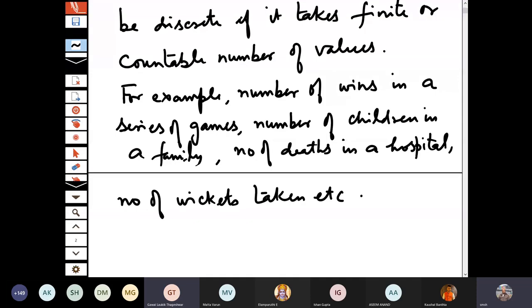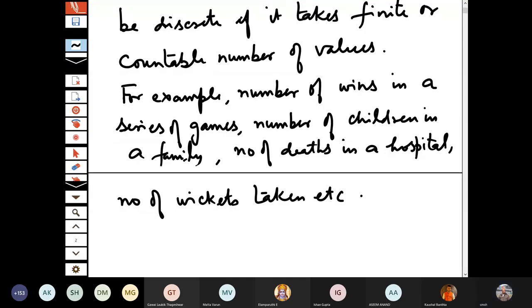So if you have the number of wins in a series of games, number of children in a family, number of deaths in a hospital, number of wickets taken by a bowler, and so on, these are all examples of discrete random variables.